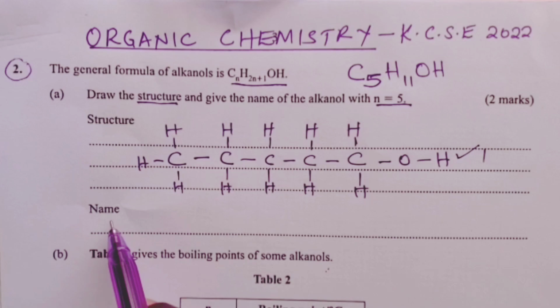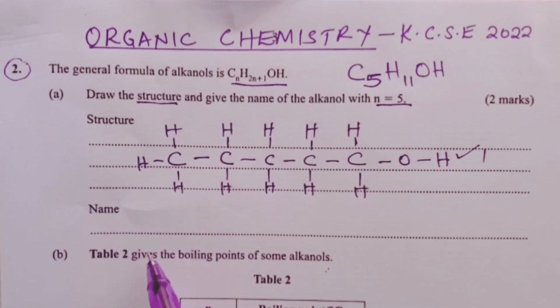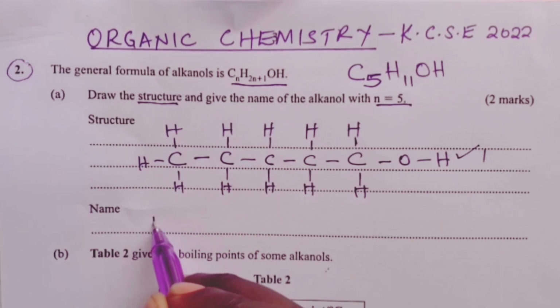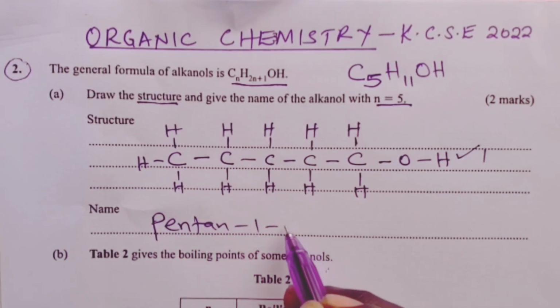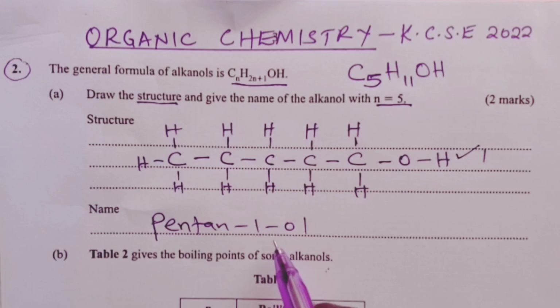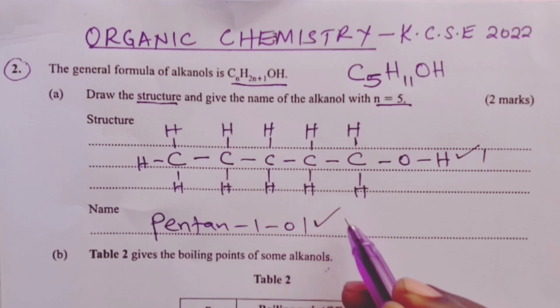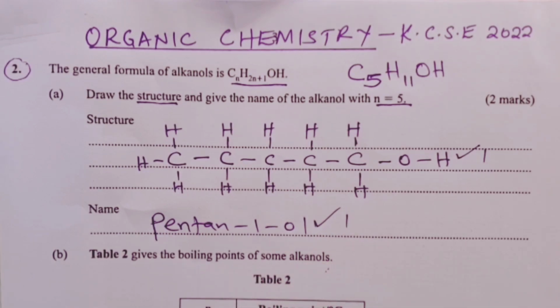We are then told to name whatever we've just drawn, and the name here would be pentan-1-ol, to mean that the OH group is attached to carbon number 1, for the next mark. However, a candidate who didn't show the position of the OH group by just giving us the name pentanol also deserved the mark.